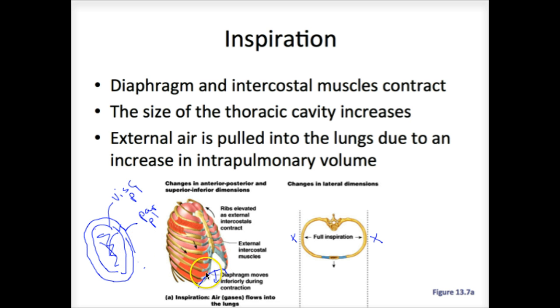That serous membrane then is going to move down with the contraction of the diaphragm and out with the contraction of these muscles between the ribs, the intercostal muscles, and that actually, because of the elasticity of the lungs, helps the lungs expand. That expansion literally changes the pressure inside our lungs, forcing air in.